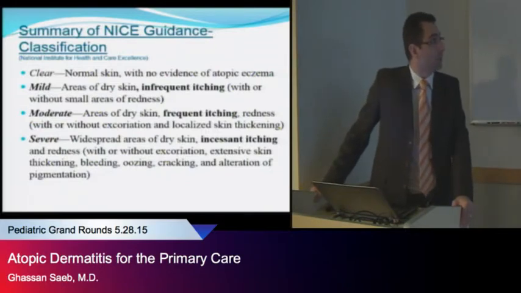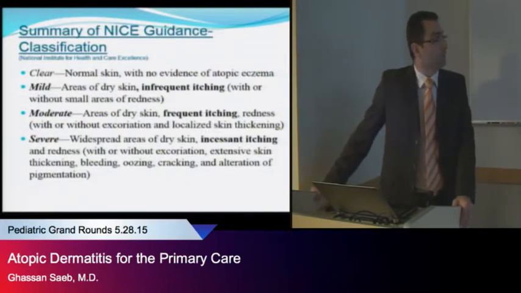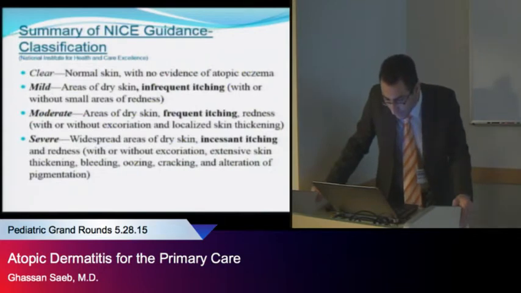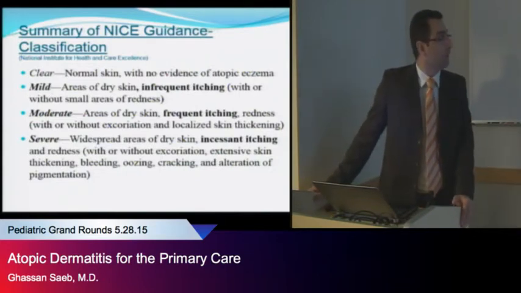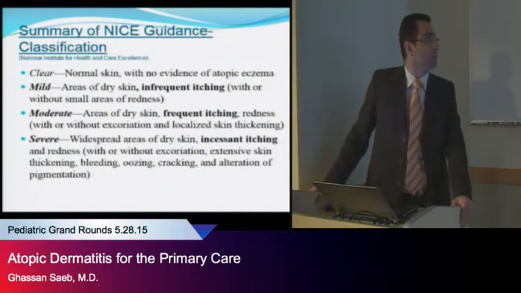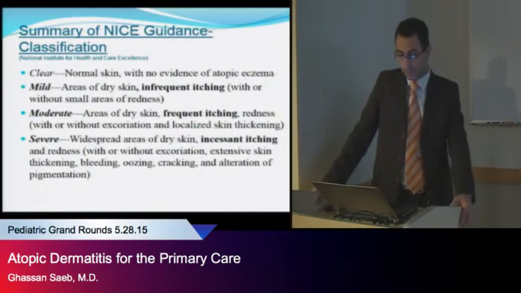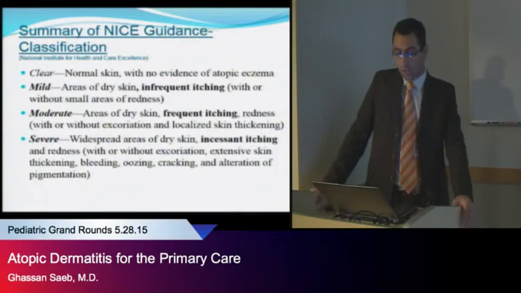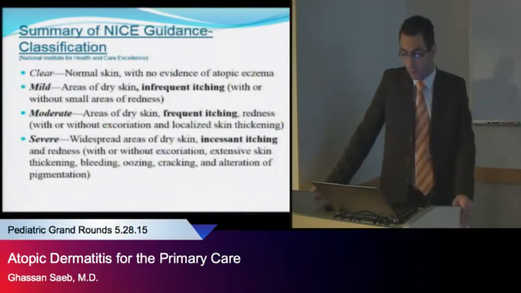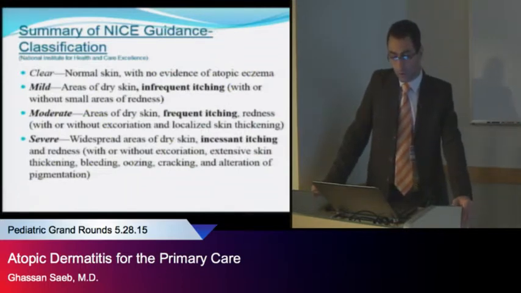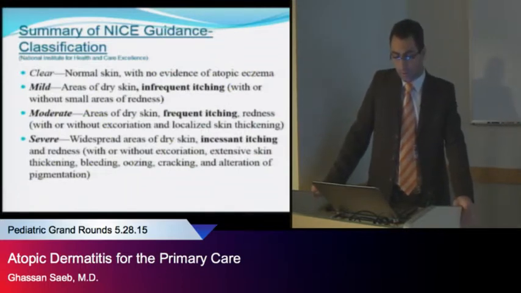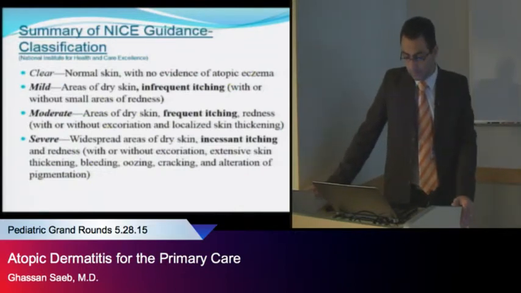So for classification, the NICE, National Institute for Health and Care Excellence, put these guidelines. Clear is the normal skin. Mild has areas of dry skin, infrequent itching with or without small areas of redness. Moderate, areas of dry skin, frequent itching, and redness with or without excoriation and localized skin thickening.